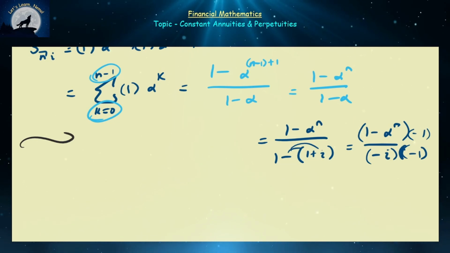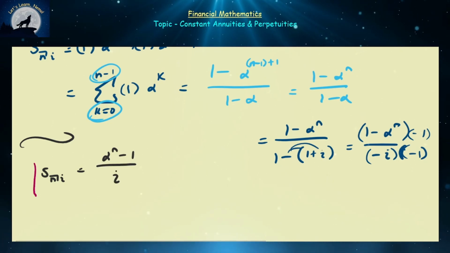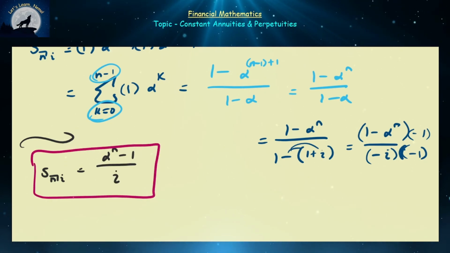So what we have as an end result is that the future value of an annuity immediate at time t equal to n with n fixed payments of size 1 under effective interest rate i, that little expression, will just be equal to alpha to the n minus 1 over i. Nice compact expression. Right?